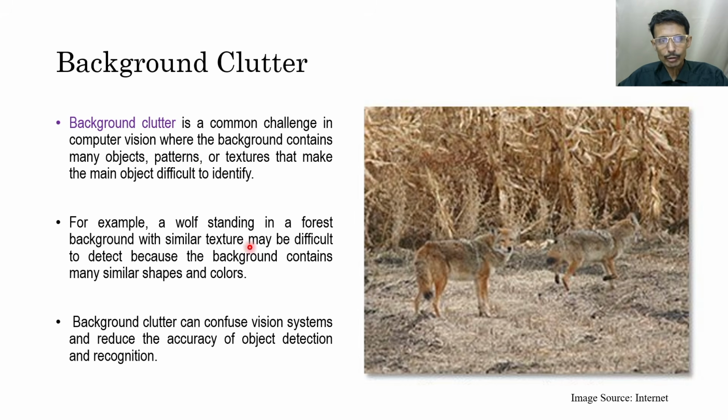A wolf standing in a forest background with similar texture in its skin and the background is difficult to detect because the background contains many similar colors. So background clutter can confuse vision systems and reduce the accuracy of object detection. These are the basic ideas of background clutter, and we have to deal with it in our different vision tasks.